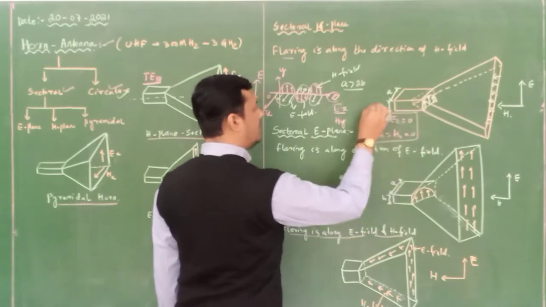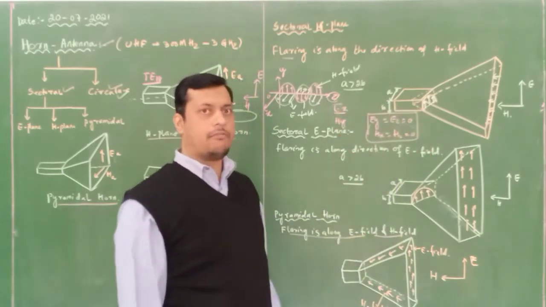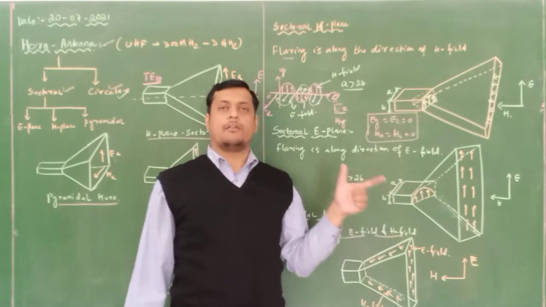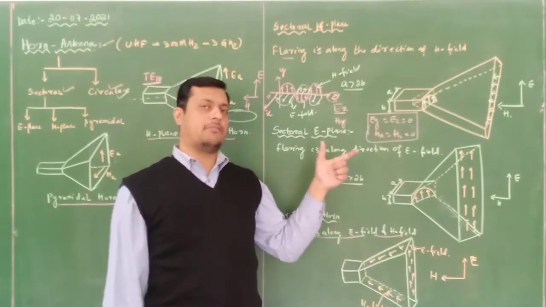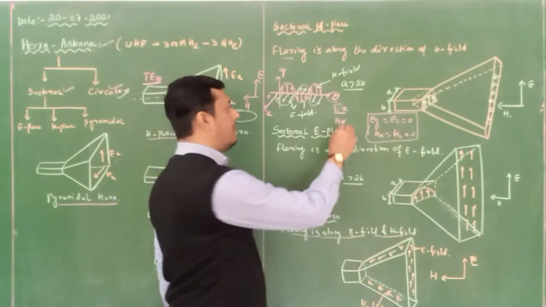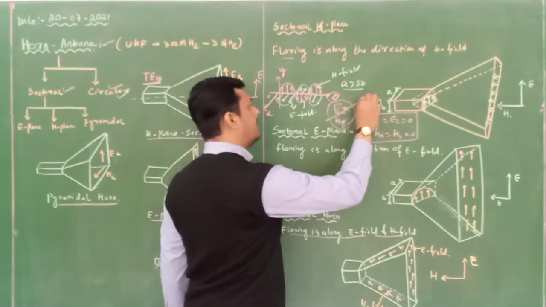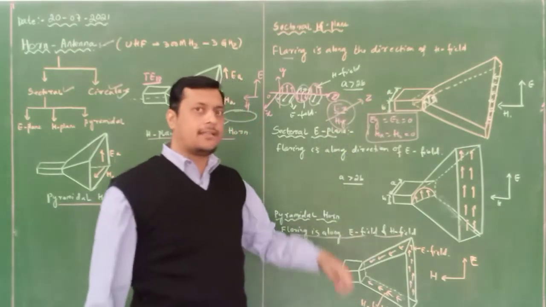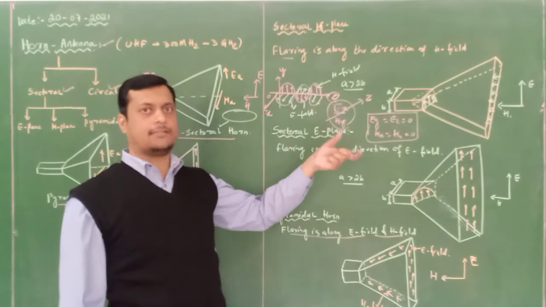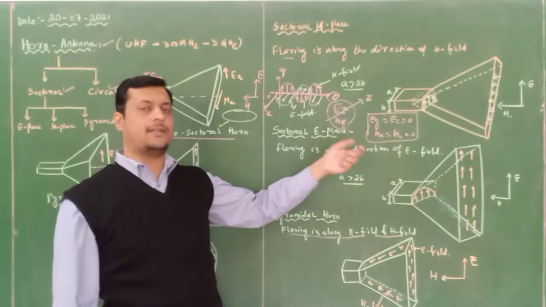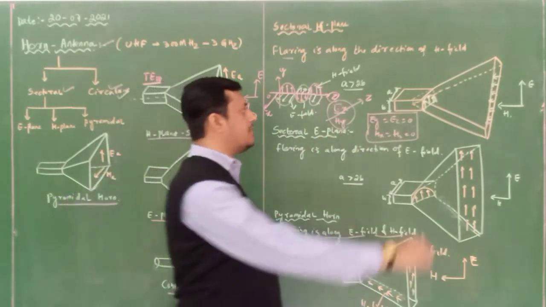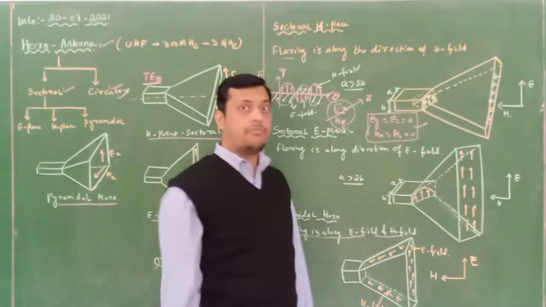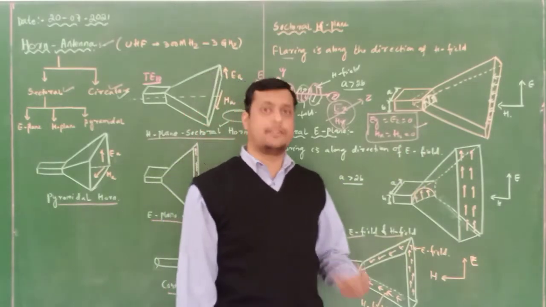It has only 2 components out of 6 individual components of electric field and magnetic field, because my wave is propagating along the z direction. That means either field is along x or y, but the other components must be 0. So these things need to be identified before analyzing the field terms.